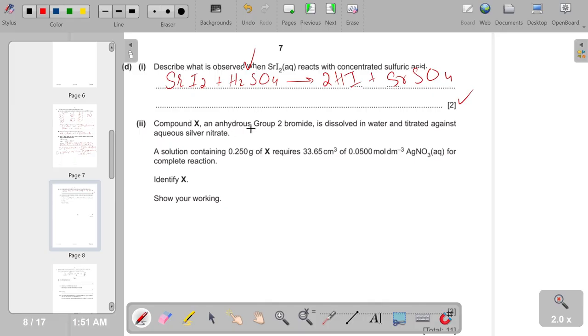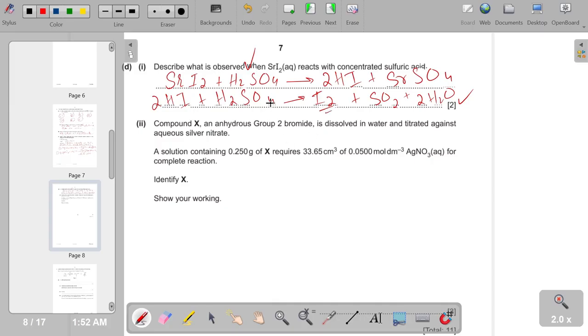So the hydrogen iodide is further oxidized by sulfuric acid, and now you get iodine. The actual reaction produces iodine, SO2 gas, and 2 moles of water.